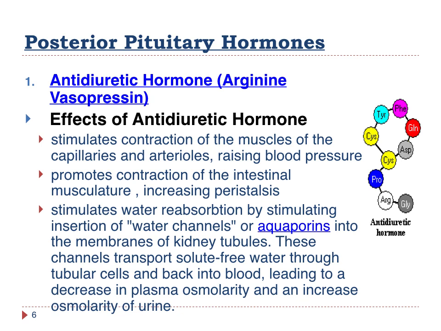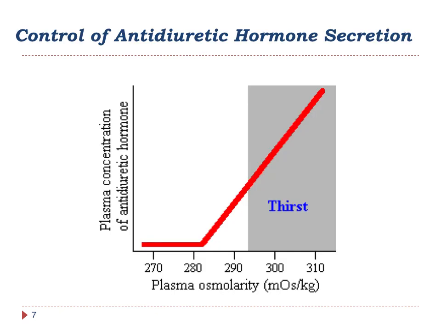These channels transport solute-free water through tubular cells and back into blood, leading to a decrease in plasma osmolarity and an increase in the osmolarity of urine. That is why it is called antidiuretic hormone. Okay?